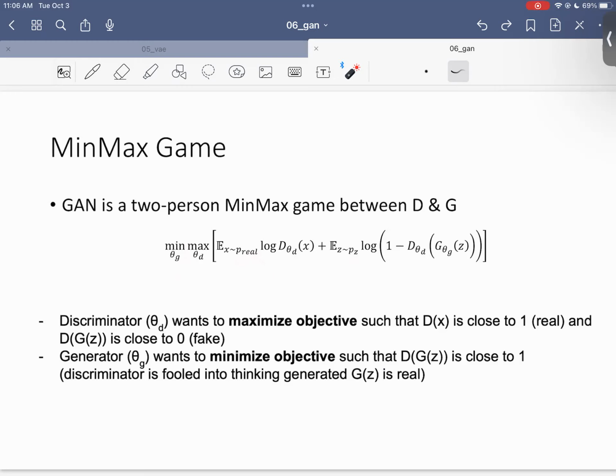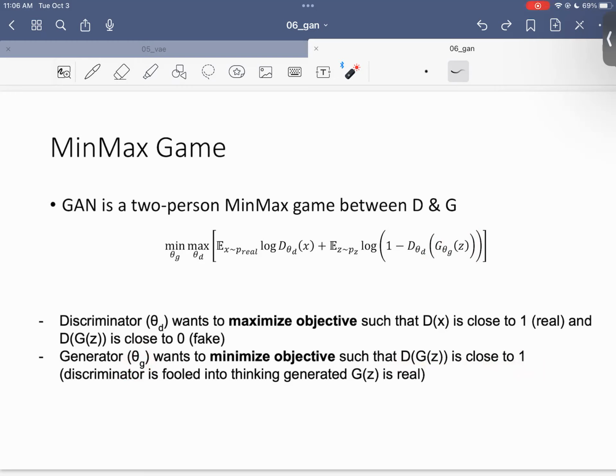Discriminator wants to maximize the objective such that D(x) is close to 1 for real, and D(G(z)) is close to 0, which is fake. And generator theta_G wants to minimize the objective such that D(G(z)), which is when the discriminator is receiving the fake samples, is close to 1. That is what G wants to do. So that's the summary.